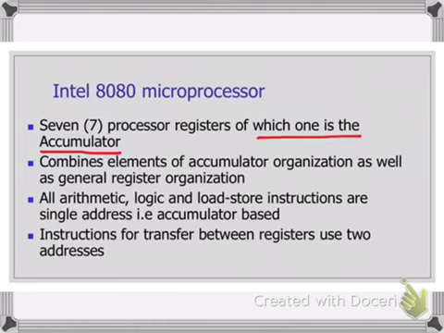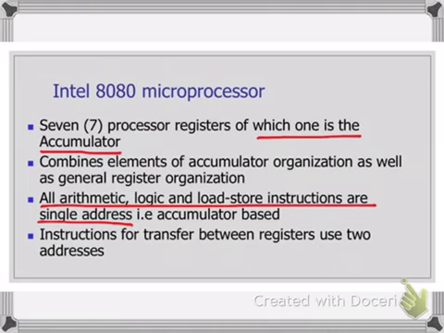So what about the address instructions? You can see here all arithmetic, logic and load store instructions are single address. That is accumulator based. So all your arithmetic, add, subtract, logic, and, or, and your load and store instructions use the accumulator only.